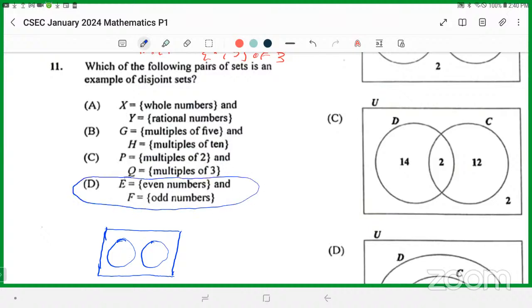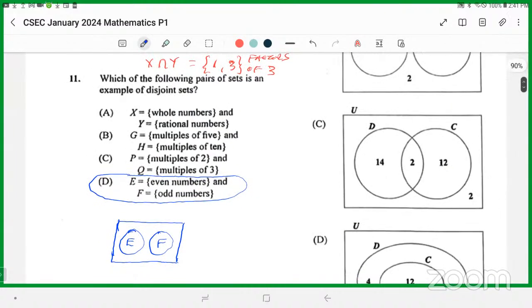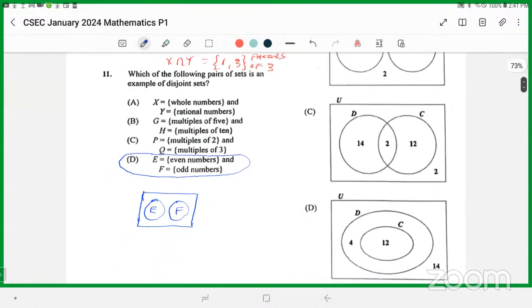There's no even number that is also odd, so there's no intersection between set E and set F. A number cannot be even and odd at the same time. That's why those are disjoint sets. I could put E right here and F right here. All right, disjoint sets. That is it.